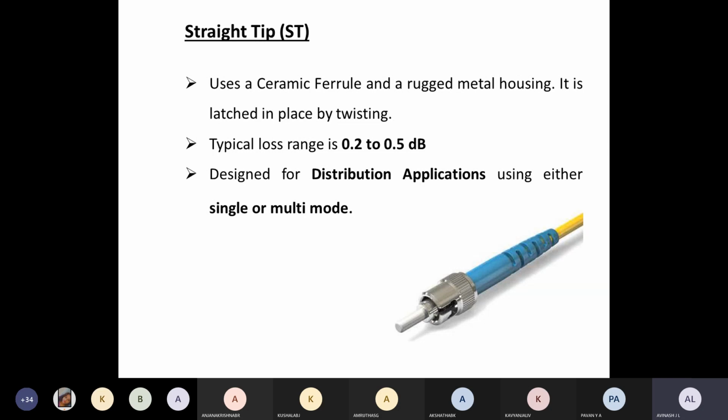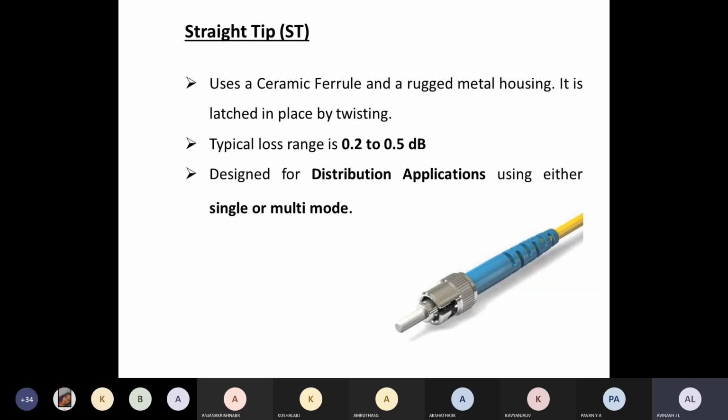A twisting connector means there will be a provision where, when you join the elements and twist it, it will get locked. So once it is locked, that means the connection is being made properly. That is the indication. Okay, so you can see the diagram also.